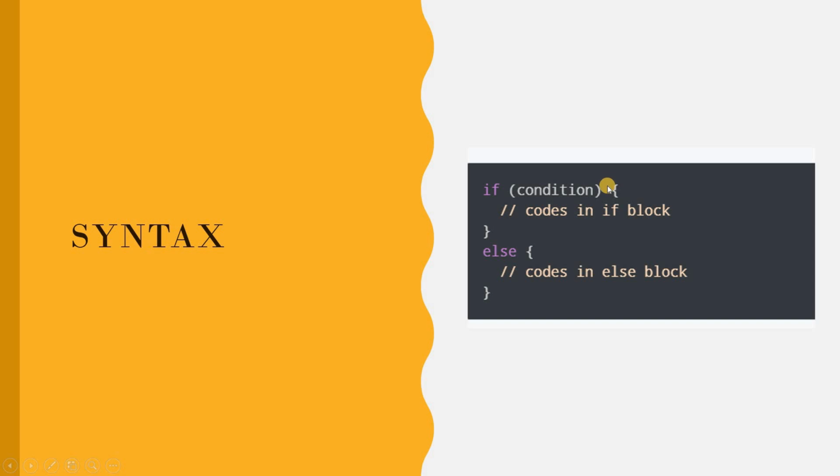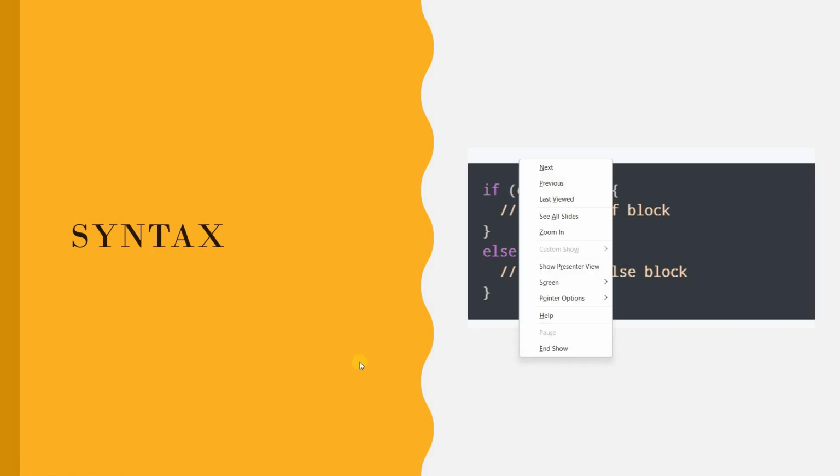Apart from the condition, there is the start and end curly bracket. Between these curly brackets, we print the true statement. Under the else curly bracket, we print the false statement. So that is the syntax. Now you can understand the syntax.